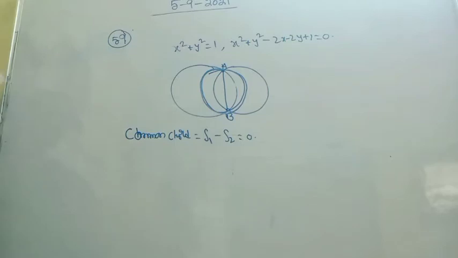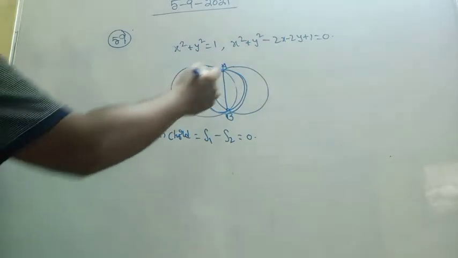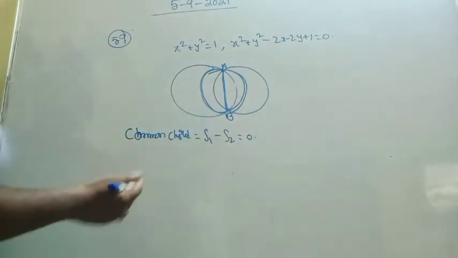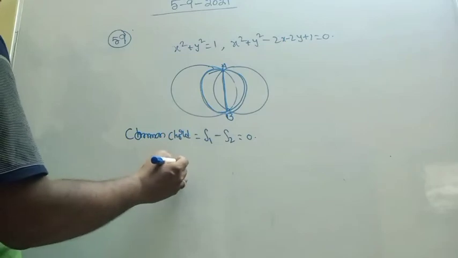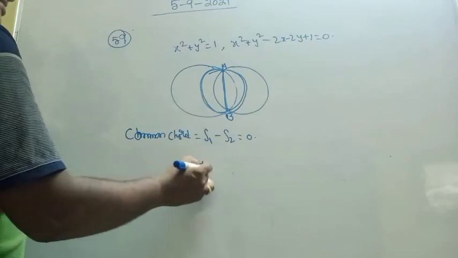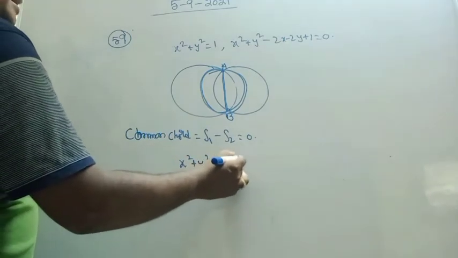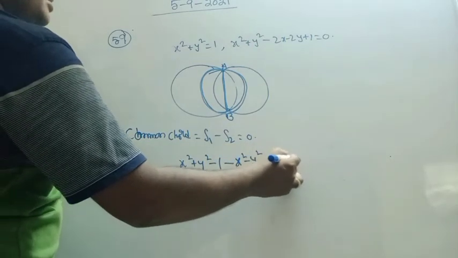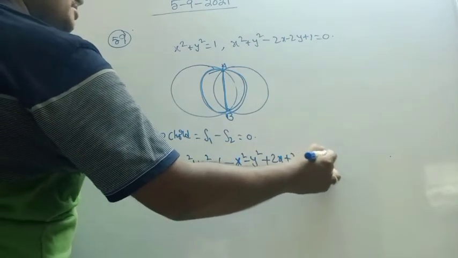From the options they have given for the circles, you just find the center. S1 minus S2 means we will have x square plus y square minus 1 minus x square minus y square plus 2x plus 2y minus 1 is equal to 0.